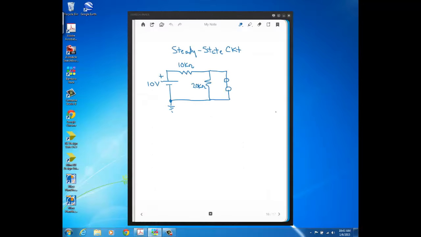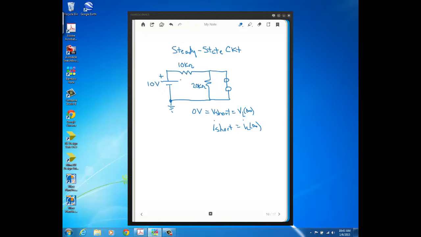So now if I find the voltage for that short, that's the voltage for the inductor at steady state, and if I find the current for the short, that's the current for the inductor at steady state. Alright, so the easy one here is that voltage across the short is 0 volts by definition.